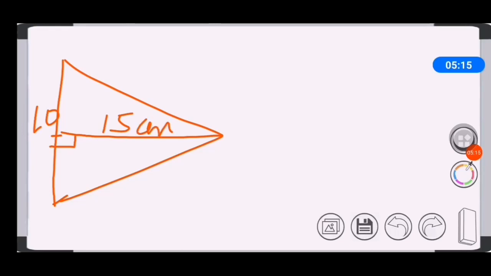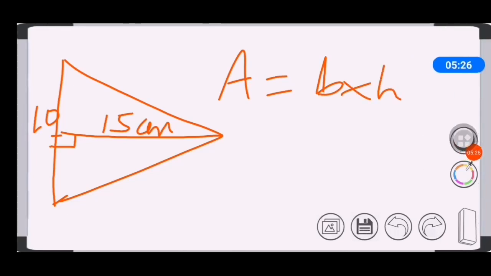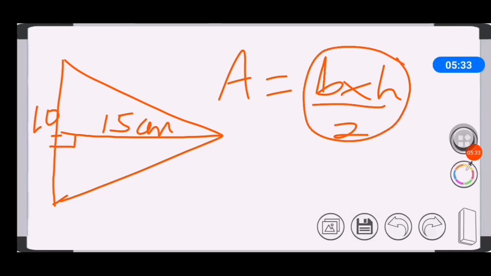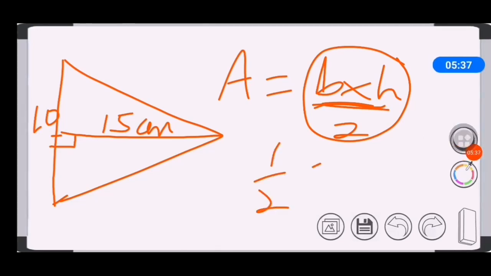All right, we are finding the area. First of all, we need to know how to find the area of shapes: base times height. But a triangle is half of a rectangle or parallelogram, so let's divide that by 2. This base times height over 2 can be written as half. So you can have half times the base times the height.